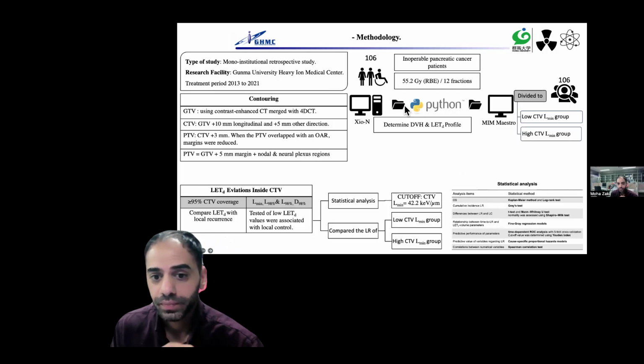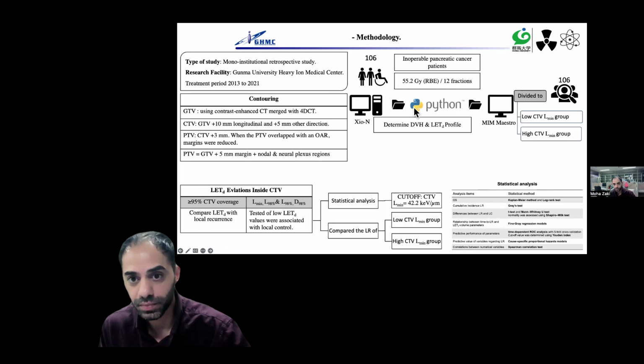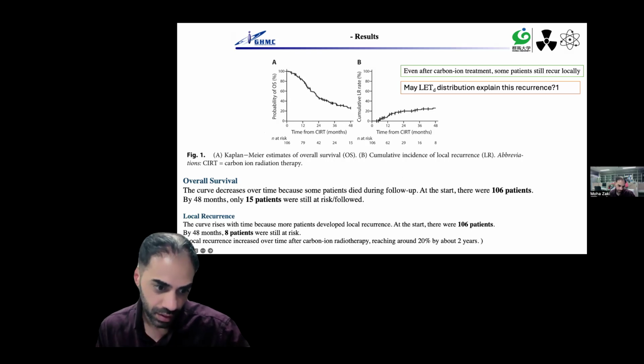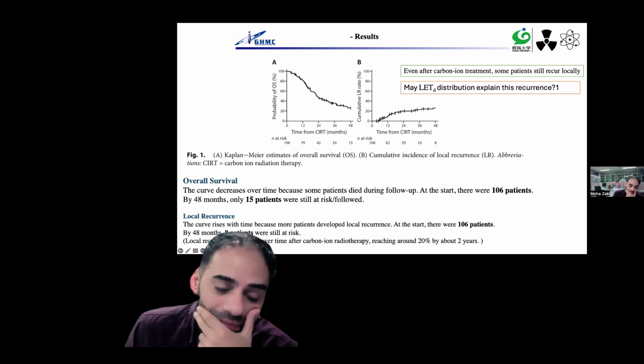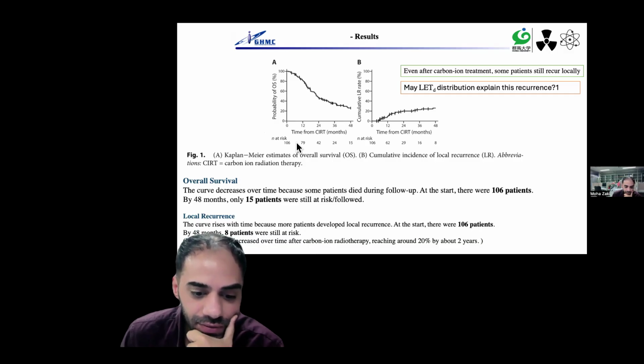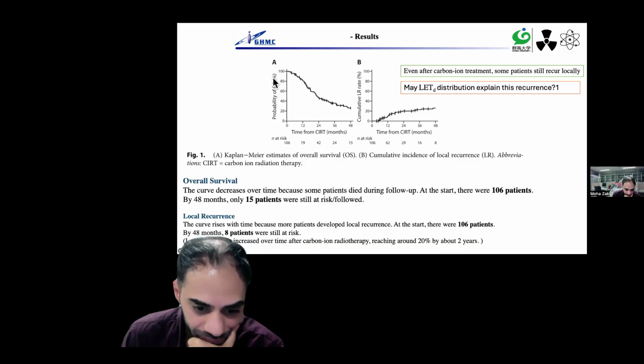Now the results. Figure A shows the probability of the patient who is still alive after treatment.